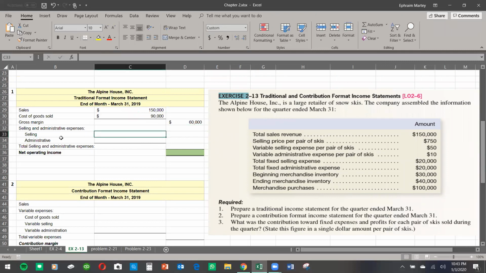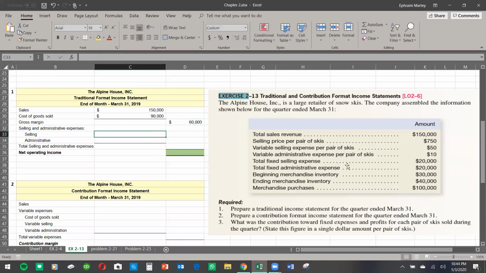Now here we will take all selling expenses and all administrative expenses and subtract the sum of it from the gross margin. So how much is all selling expenses? Good. So here we have another thing that we have to compute.